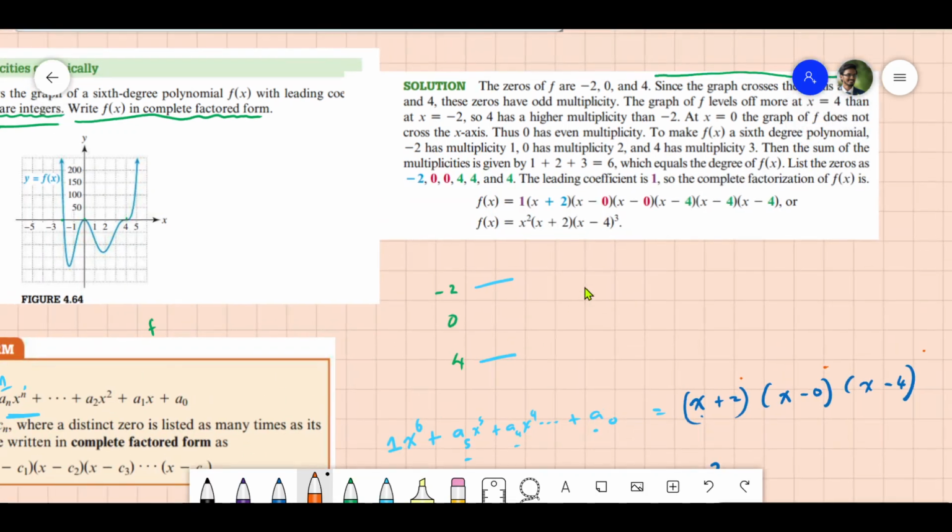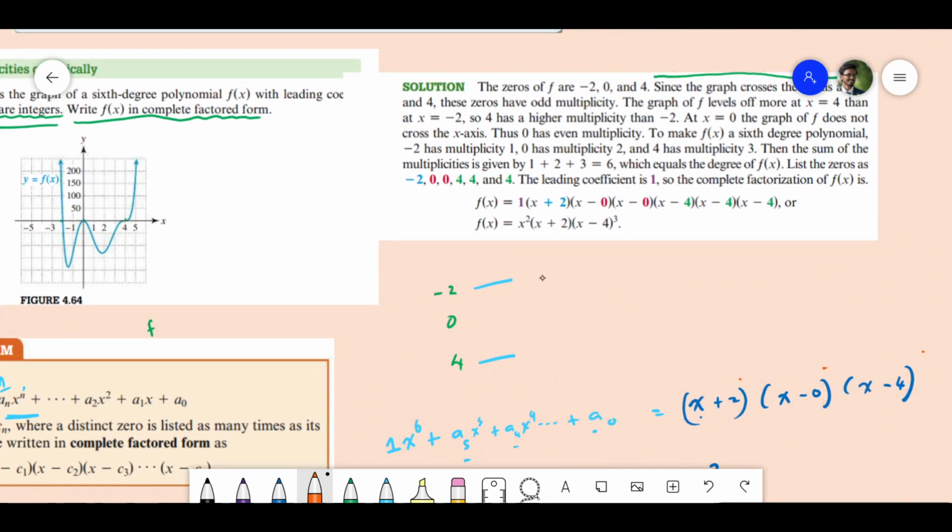And we know that this should have an odd multiplicity, and this should have an odd multiplicity greater than this one, and this should have an even multiplicity.